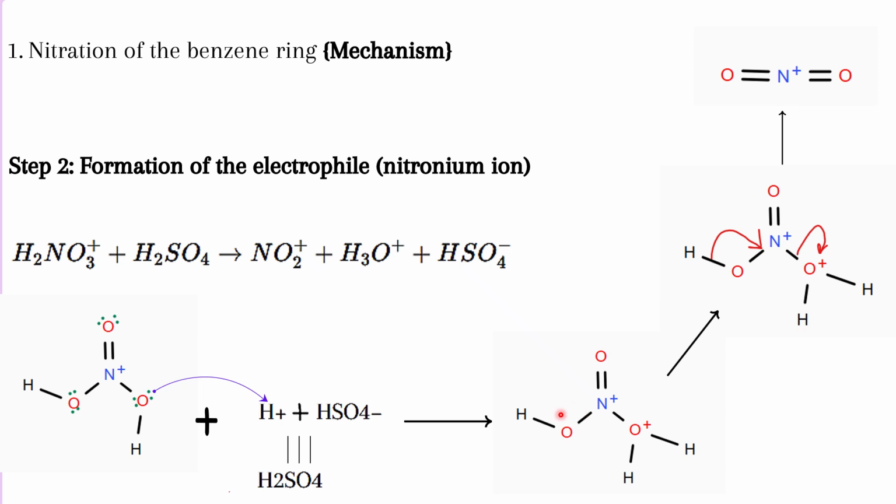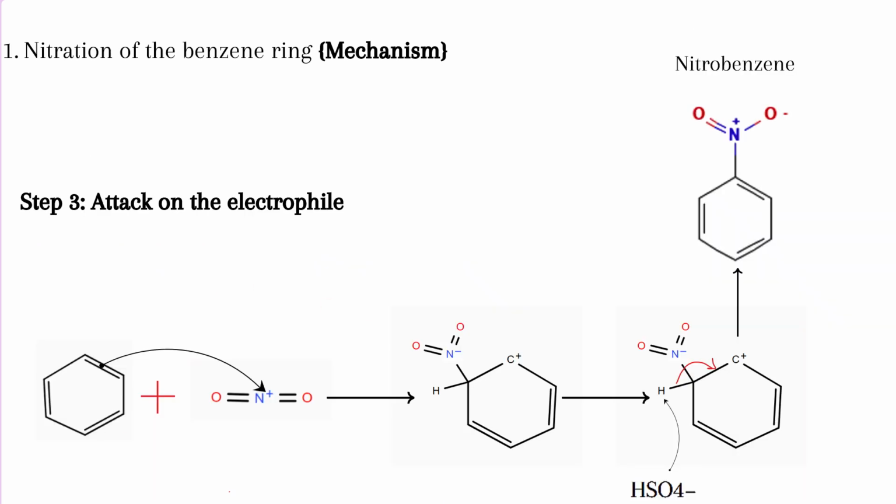Now since there are two positive charges, we have to do the rearrangement and stabilize the structure. So this bond will shift over here and this bond will shift over here. So this will leave as what? Water molecule. Now here we have got what? The nitronium ion. Since it is carrying a positive charge, this will act as an electrophile. Now remember that the HSO4 will remain in the solution because this reaction is ongoing.